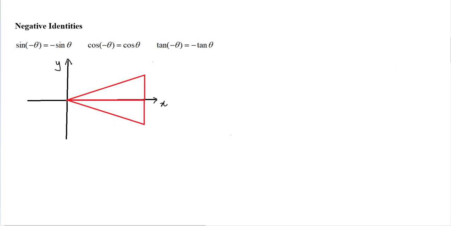Now we are at the negative identities. If angle theta is right here, and this one is a negative theta, and the hypotenuse is r in both cases, if this is a positive y, this one will be negative y. So as you can see, sine of negative theta is negative y over r, which is the same as the negative of sine theta.